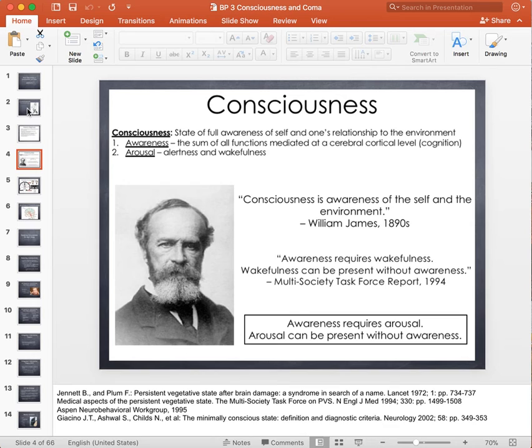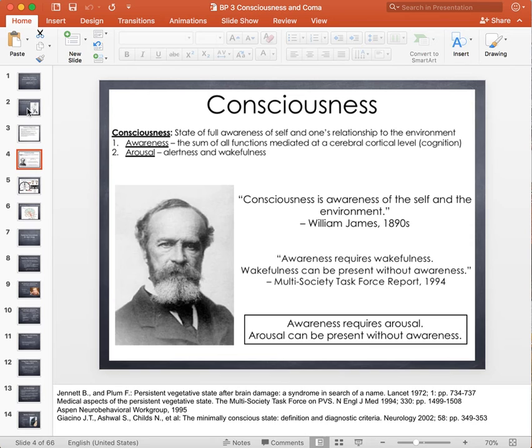So what is consciousness? This is a topic that's been debated in different fields for many years. The medical field has settled on a definition of consciousness as a state of full awareness of both one's self as well as one's relationship to the environment. Built into consciousness are two basic components. One is awareness, which is being aware of one's environment and being able to react to it.